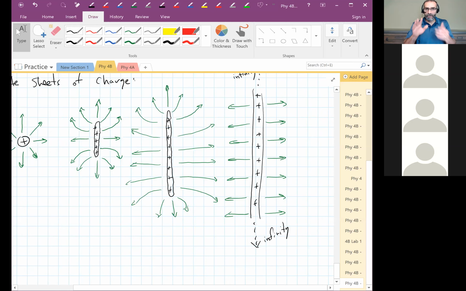But think about what happens now if we take this point charge and make it infinite in one dimension, right? What happens if we make it infinite in the other direction too and turn it into a sheet of charge? If we turn it into a sheet of charge, then the electric field becomes uniform in both dimensions, right?